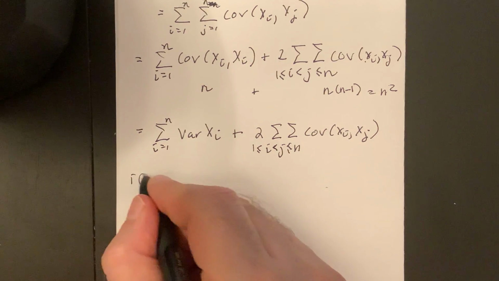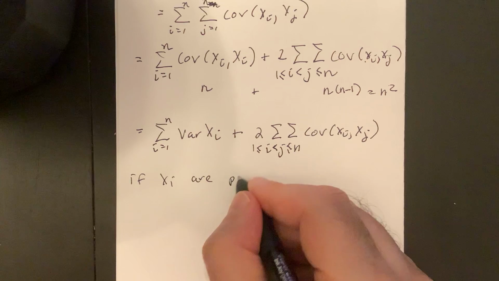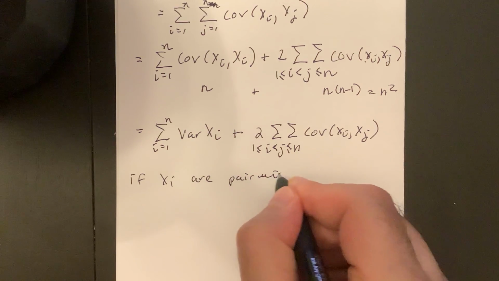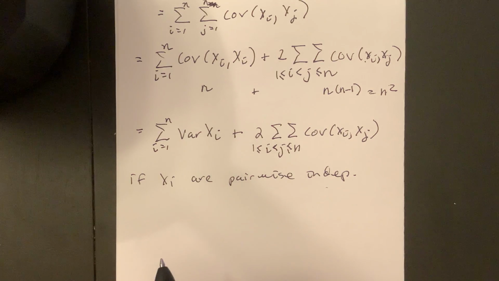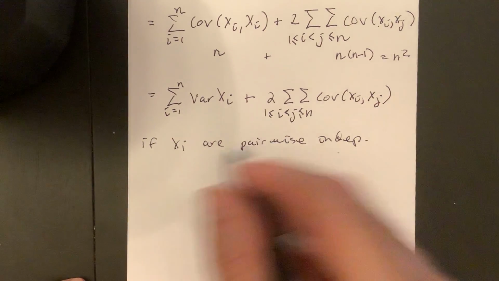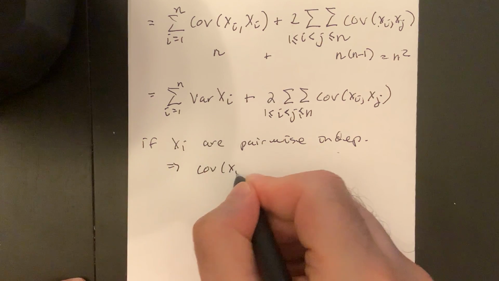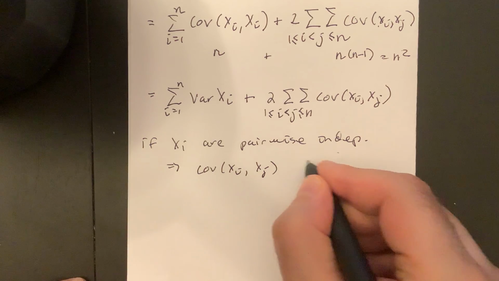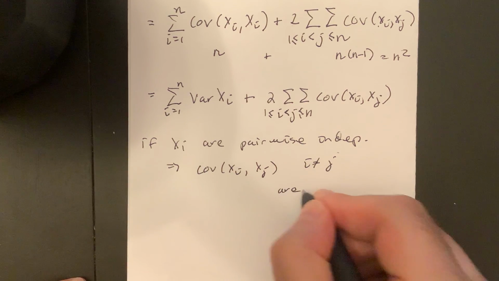But if the xi's are pairwise independent, as in trials of a binomial experiment or something like that, then all the covariances of xi xj are equal to 0.